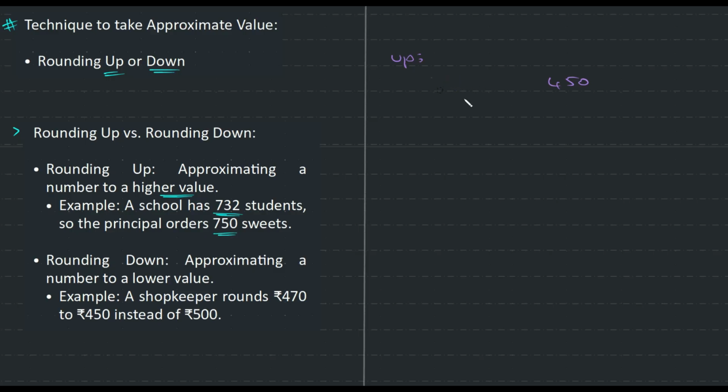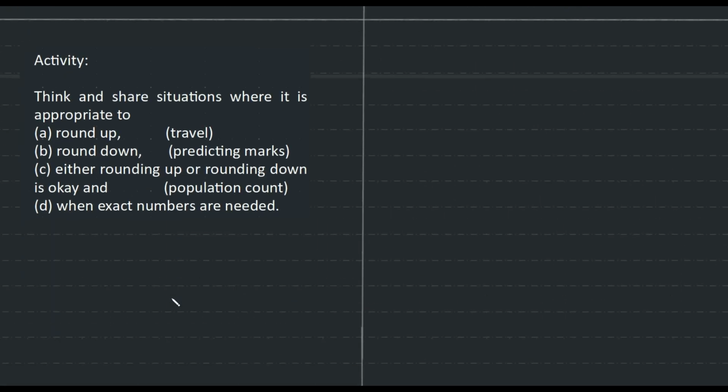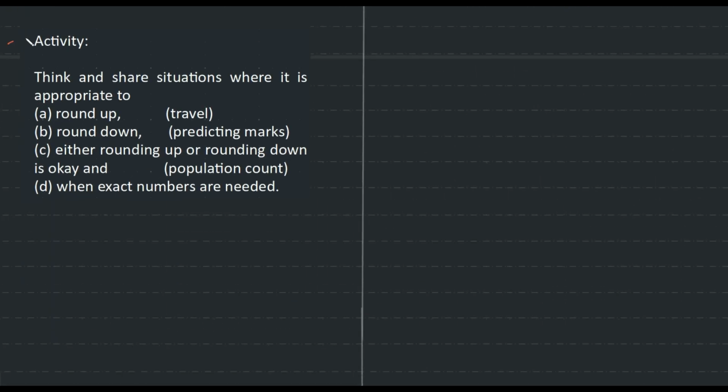This is moving to the higher value, while down is you're moving to the lower value. That's down, as simple as that. Of course, your question will be when to use what. That's what we'll learn. And that is actually common sense. And that's what I'll be asking you guys to think of. And we'll do a lot of questions to understand this.